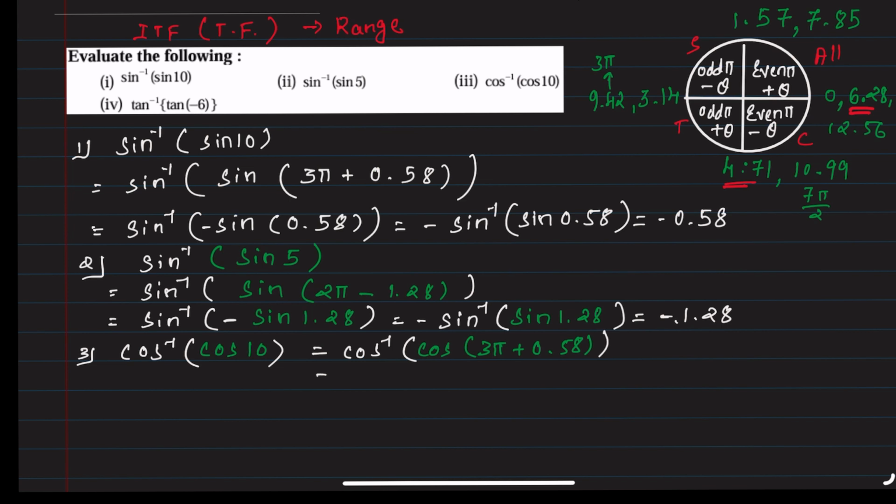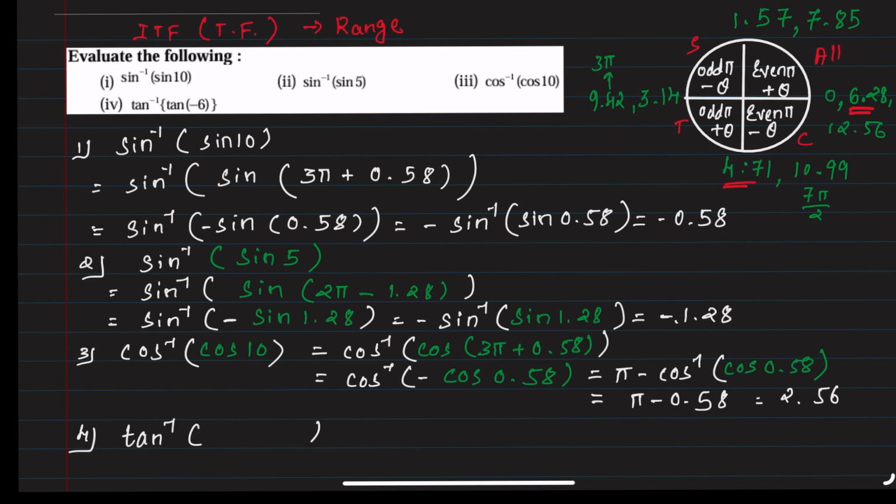So this will be equal to cos inverse of minus cos 0.58. Now cos inverse of minus x is pi minus cos inverse of x. So the final value will be pi minus 0.58. Pi is 3.14. 3.14 minus 0.58 will be our answer, that is 2.56 approximately.